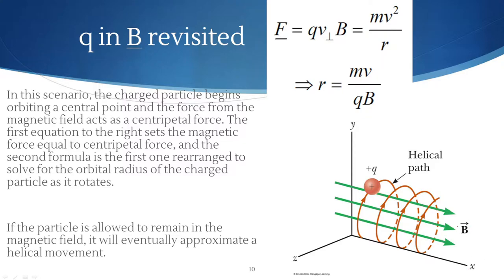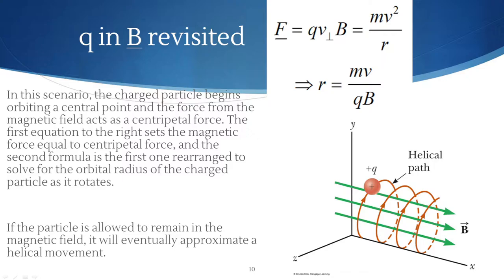So this is a three-dimensional picture. The particle was moving in both the x-axis and the y-axis at the same time. Since the magnetic field is in the x-axis, it's going to give a constantly changing force in the zy plane, causing the particle to begin moving circularly in the zy plane.